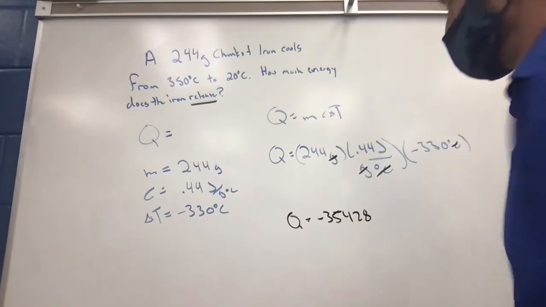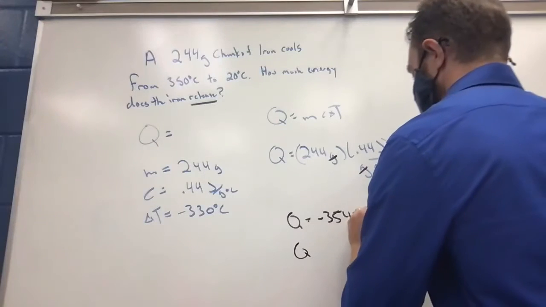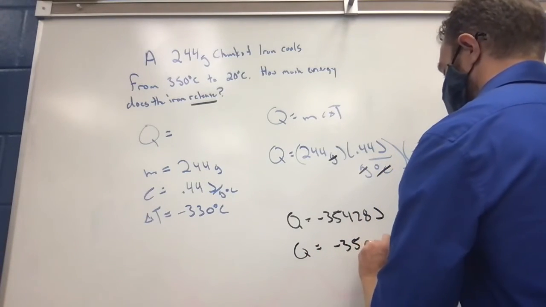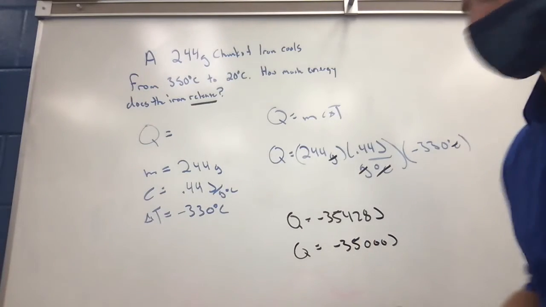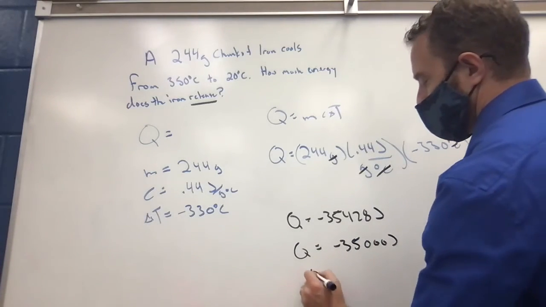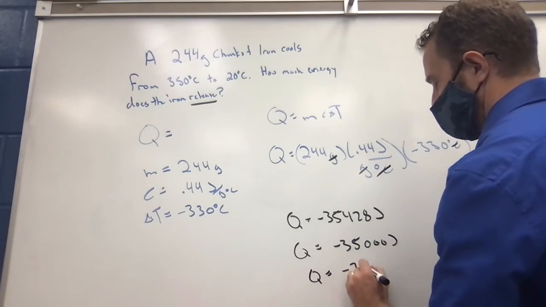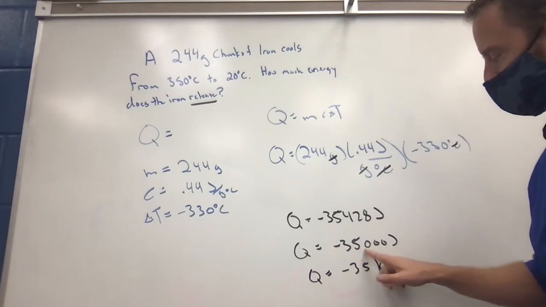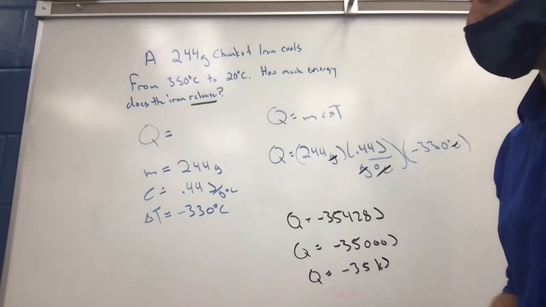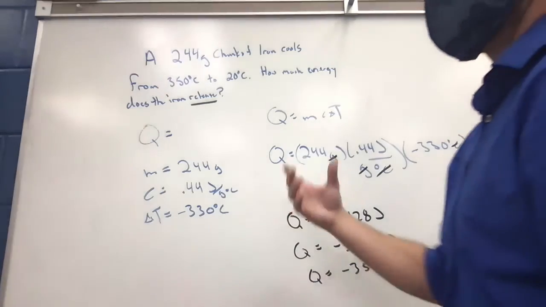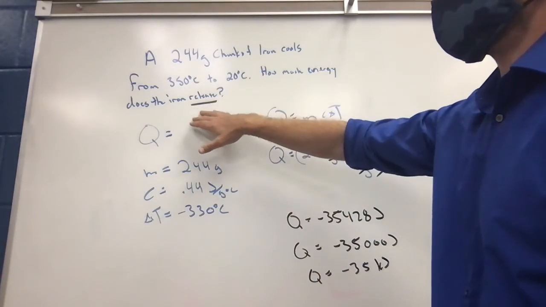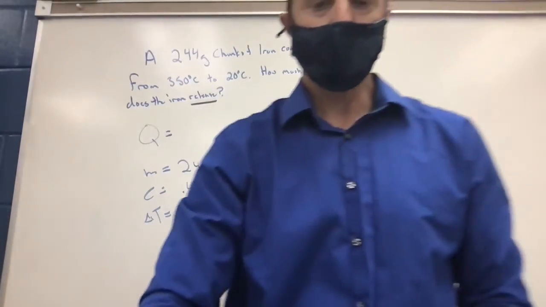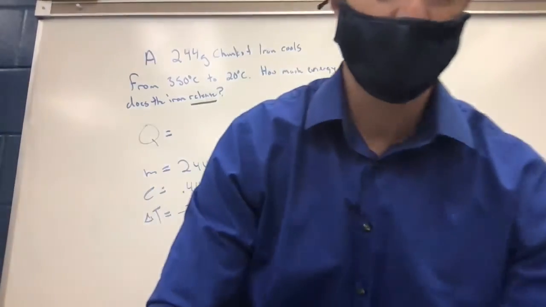Really, we've got like two digits here, so I should do negative 35,000 joules, or the best answer would really be to change that to a more usable unit, so negative 35 kilojoules. Move your decimal point 1, 2, 3 places, change that to kilojoules. So negative 35 kilojoules, or the best would be to put it into a sentence. It would release 35 kilojoules of energy. All right, that negative is showing us that it's releasing energy.